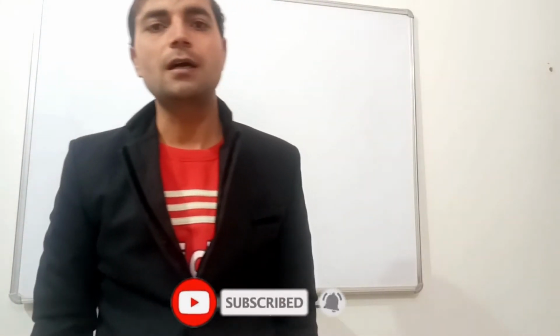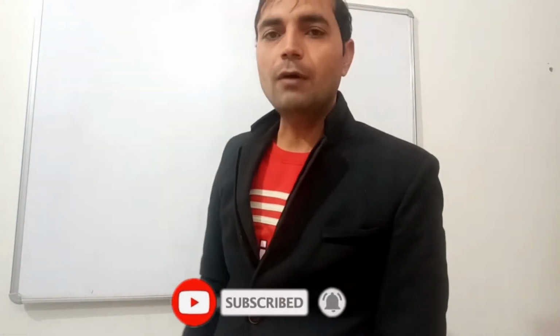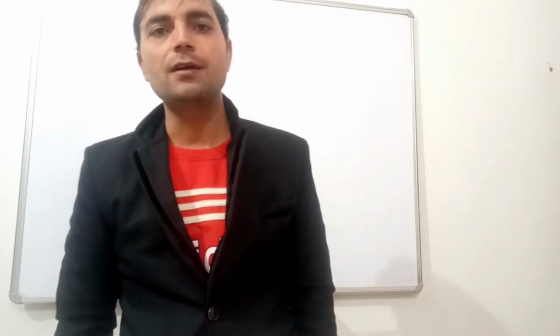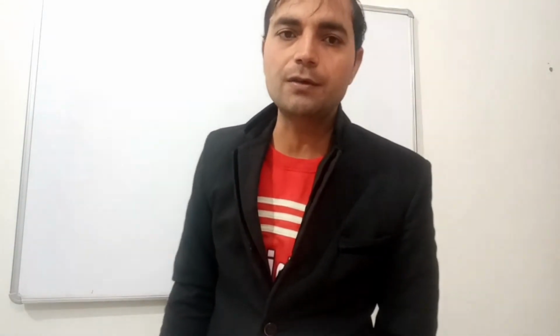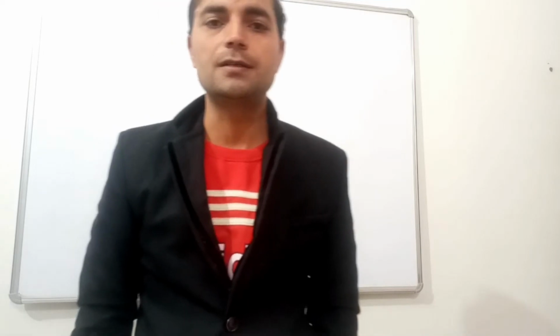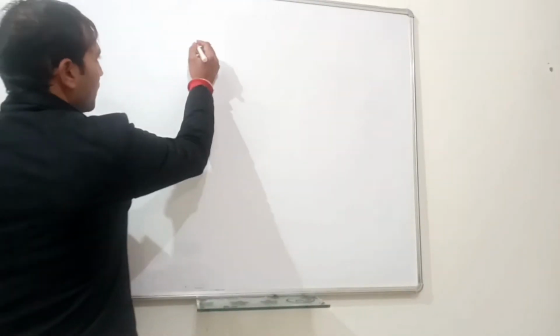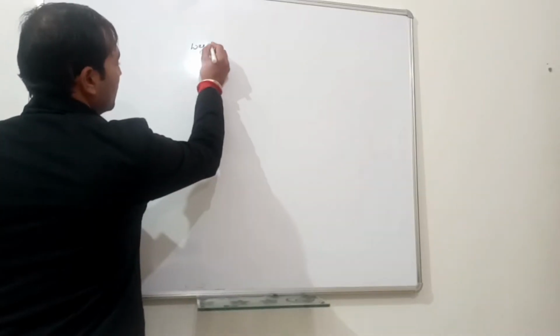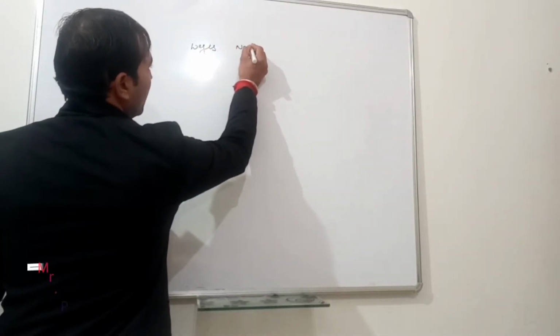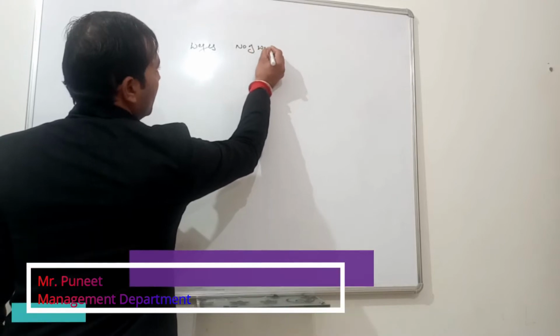Today we discuss how to calculate interquartile range, quartile deviation and coefficient of quartile deviation in a discrete series. Here is a question: wages and number of workers are given.